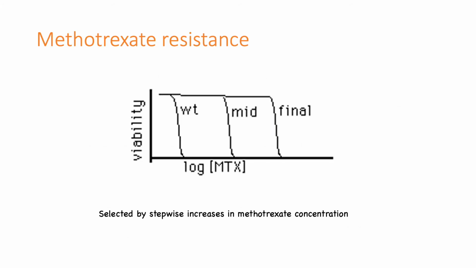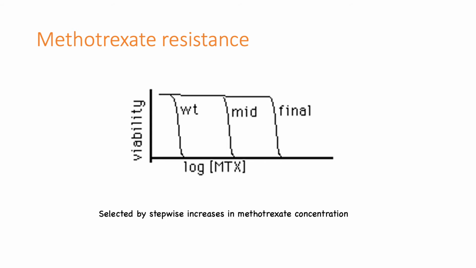Now we can select cells that have many copies of a gene, and this shows how this was originally done: by growing the cells in the presence of a drug that inhibits the protein. In this case, the drug methotrexate, which we talked about earlier, inhibits the enzyme dihydrofolate reductase, which is needed for DNA replication.